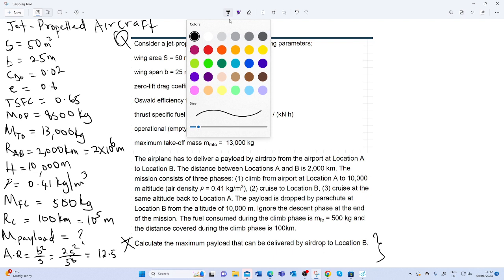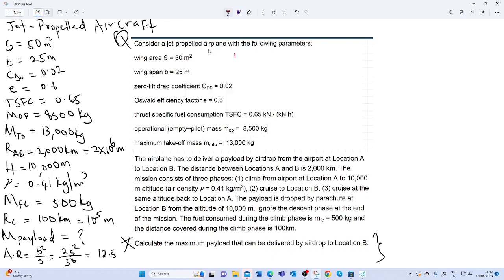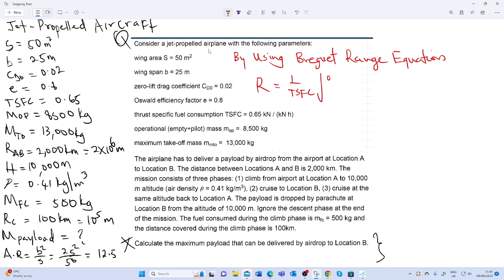First of all, by using the Breguet range equation, R equals 1 over TSFC times the square root of 2 over g rho S times (CL over CD) max, times the product of the square root of M0 minus the square root of M1.